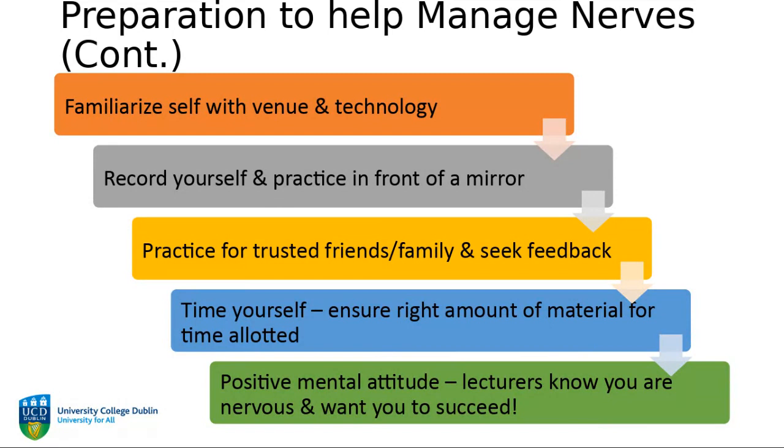And another important point, which I've mentioned a few times already, is timing yourself to make sure that you have the right amount of material in the time allotted. Like I said, one of the points that your lecturers are assessing you on is timekeeping. And if we only have 5 minutes to present and we have 50 slides, that's way too many to do. I can't even do the maths on what that would be per slide.